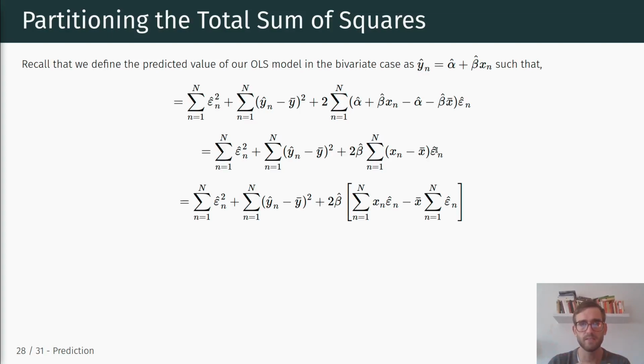Obviously it doesn't have a subscript, so we can pull it in front of that sum. So we have x bar times the sum from n equals 1 through n of epsilon hat n. Okay.